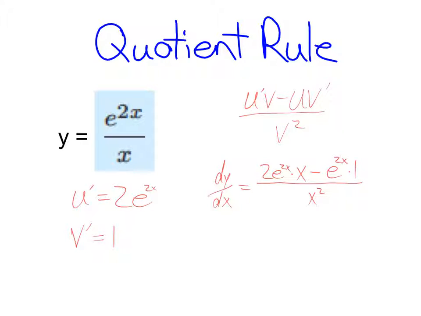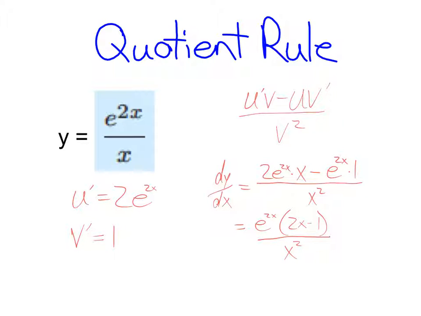And what do you know? We do have a common factor: e to the 2x times 2x minus 1 all over x squared.